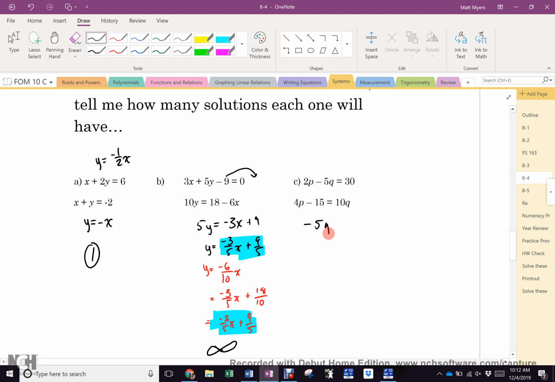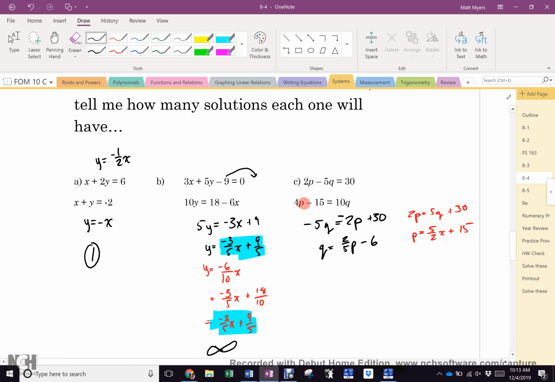Negative 5q equals negative 2p plus 30. Q equals 2/5 p minus 6, right? Or I isolate p. 2p equals 5q plus 30. P equals 5/2 q plus 15, right?